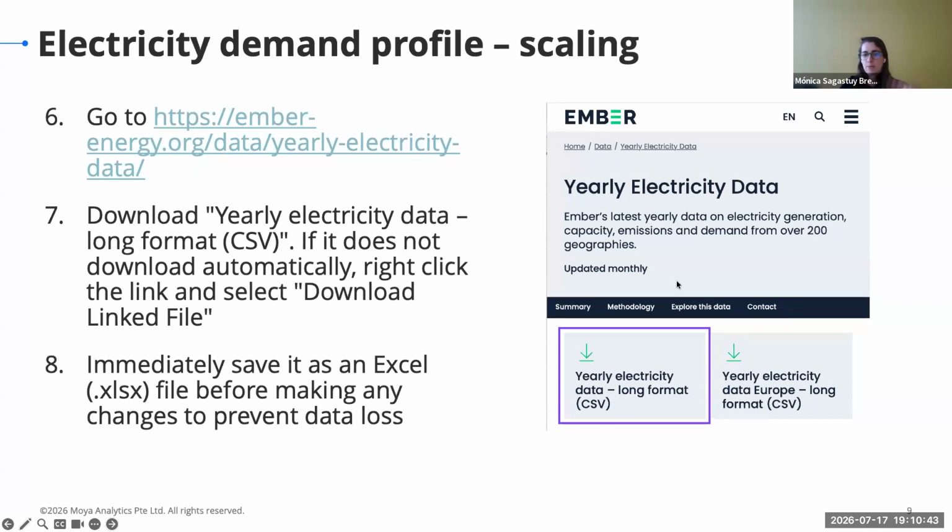Once we have the total from our own dataset, we can look into other datasets that project demand or that have the total annual demand. Ember is a good source for yearly electricity data. You also have sources like Our World in Data that sometimes report good projections.